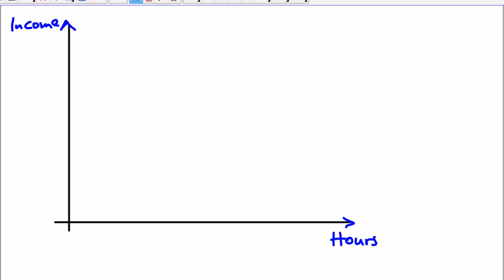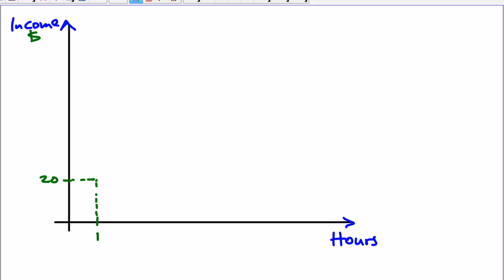So for 1 hour, say she's paid $20. So 1 hour, she gets $20.